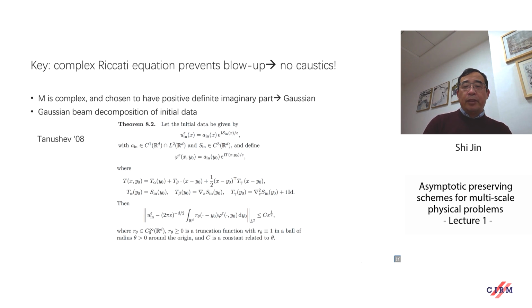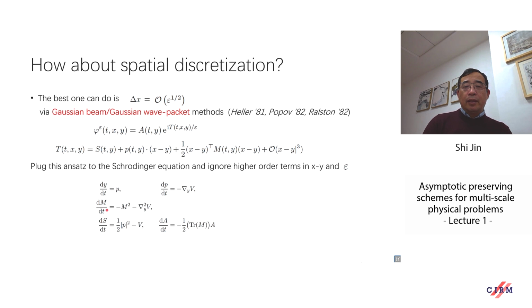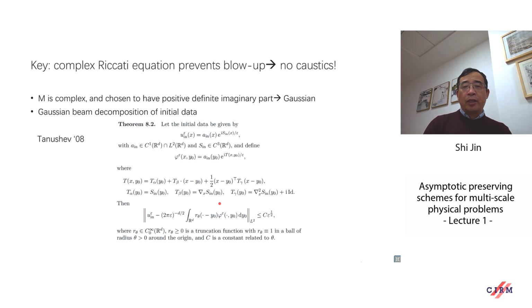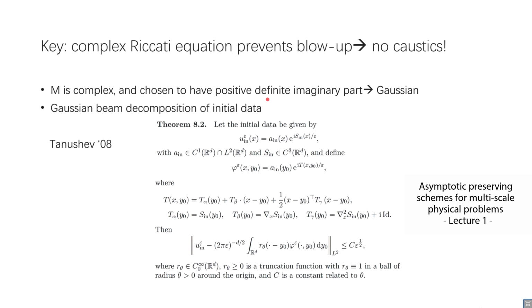And here there are some key issues. Remember here, this M, the Hessian, actually solves a Riccati equation, right? dM/dt equals minus M squared. The Riccati equation, we know, typically blows up in real space. You have a singularity, which corresponds to caustics in geometric optics. However, here M will be complex valued. We choose M to be complex valued, and it also has a positive definite imaginary part.